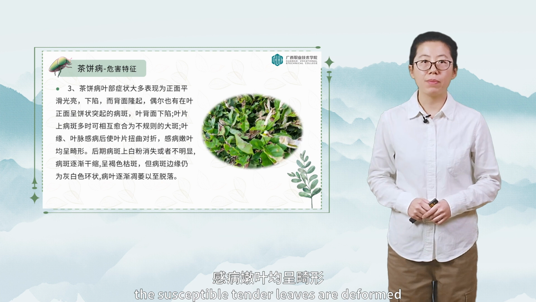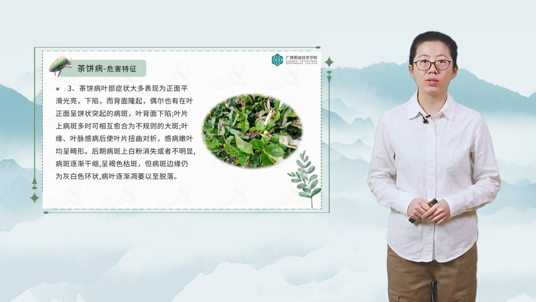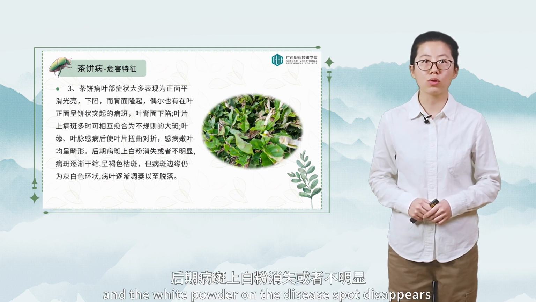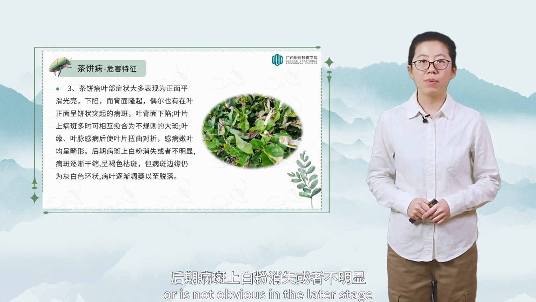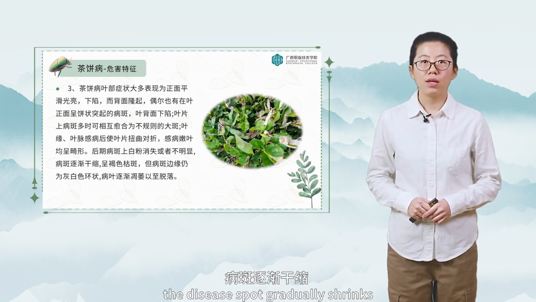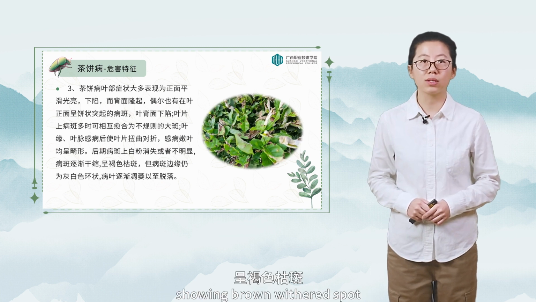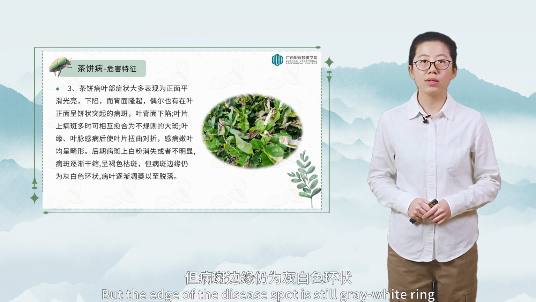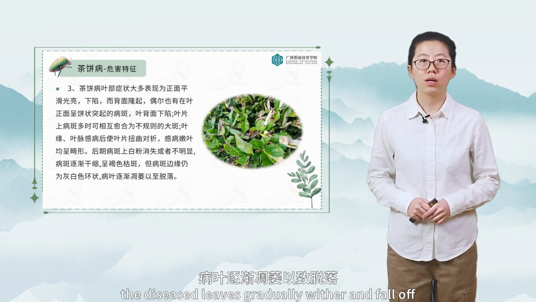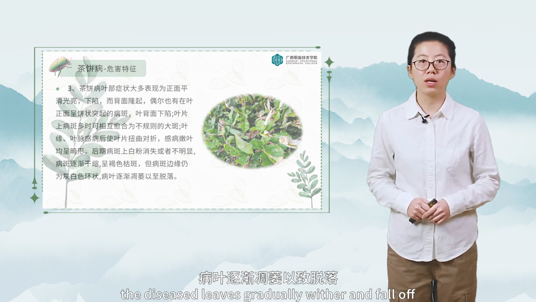The susceptible tender leaves are deformed, and the white powder on the disease spot disappears or is not obvious in the later stage. The disease spot gradually shrinks, showing a brown withered spot, but the edge of the disease spot is still a gray-white ring. The diseased leaves gradually wither and fall off.